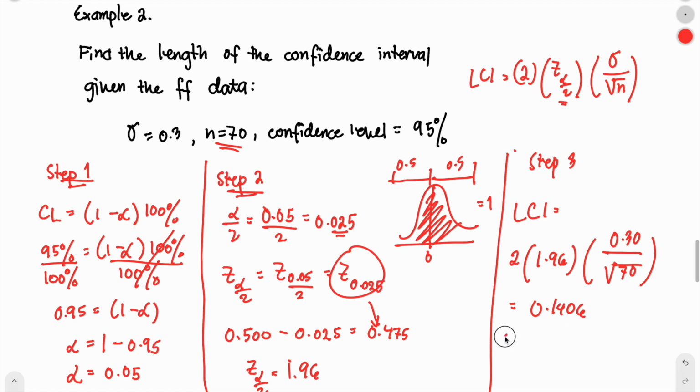And our conclusion would be, therefore, the length of confidence interval is 0.1406. Okay.